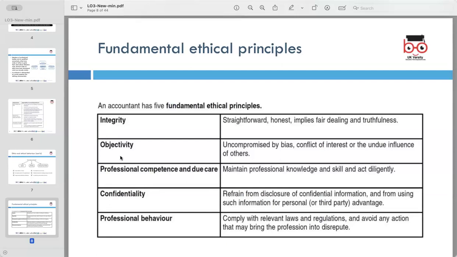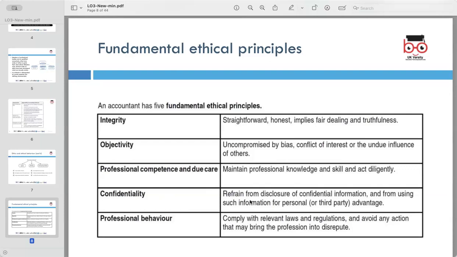Then professional competence and due care demand continual improvement and diligent application of knowledge and skill to deliver quality services. Confidentiality means to refrain from disclosure of confidential information and from using such information for personal or third party advantage.